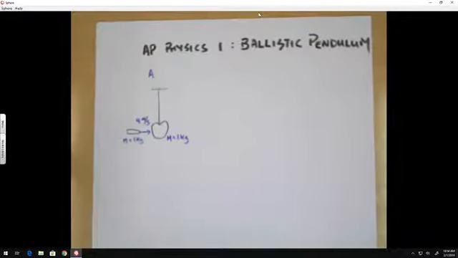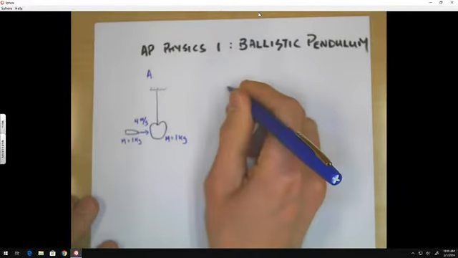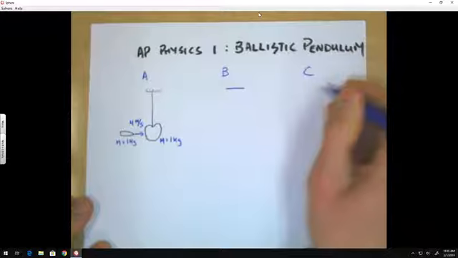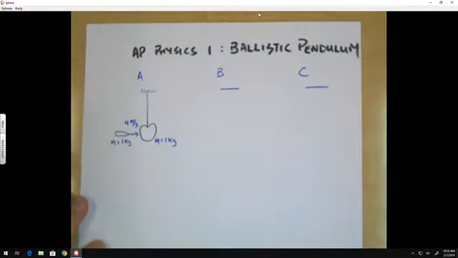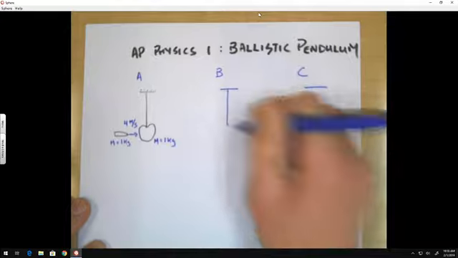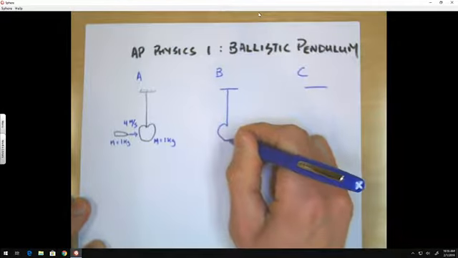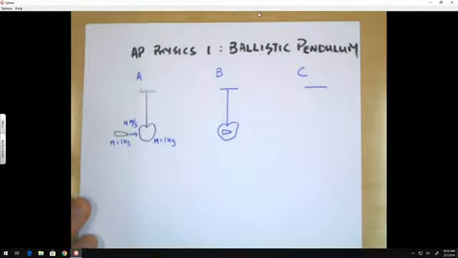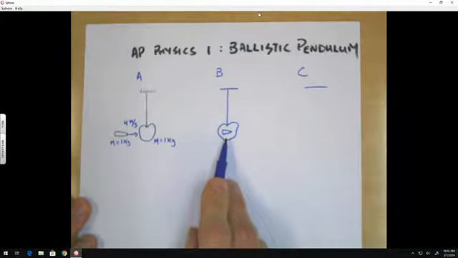Okay, so now let's draw a couple of other sketches of what happens next. I'm going to sketch 2 more diagrams, and I'm going to label them B and C. In B, what I want to show is that B is the instant when the dart lodges in the apple and the apple has not yet started to swing up.